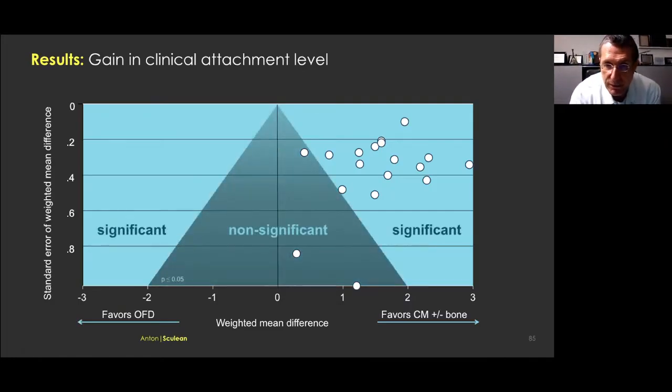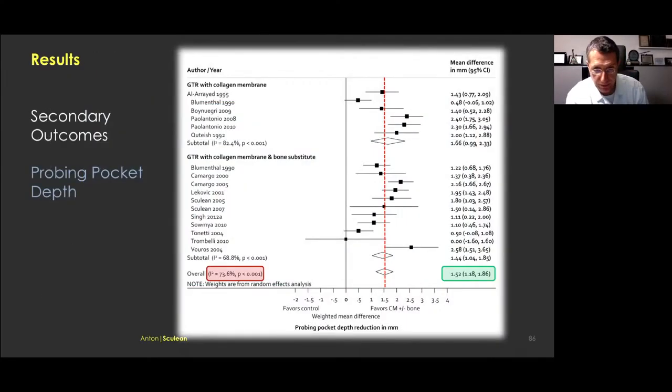The gain of clinical attachment level is statistically and clinically higher with this approach than using a flap. And most importantly, also the residual pockets are significantly shallower.